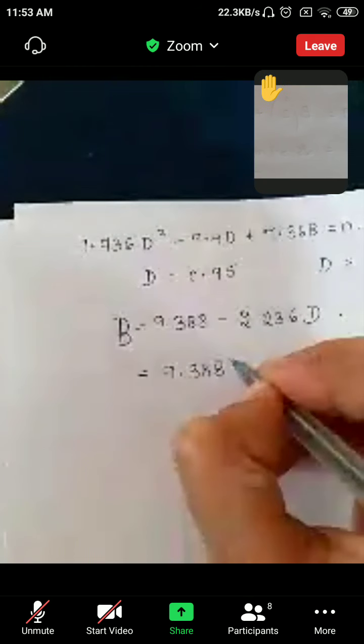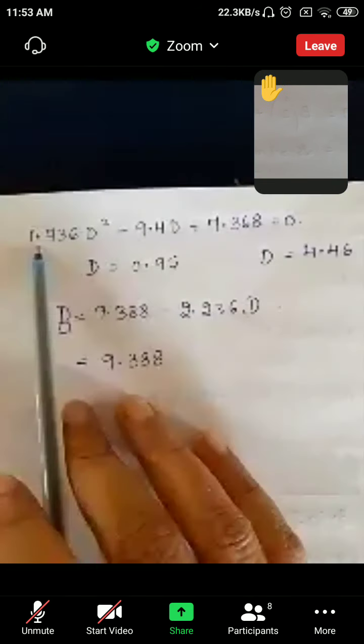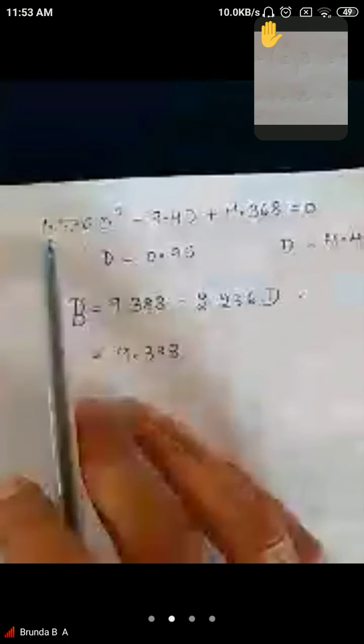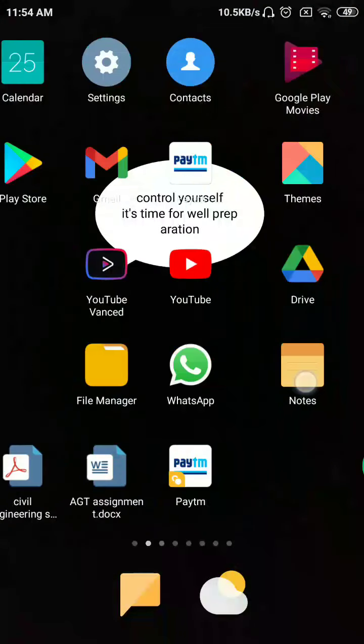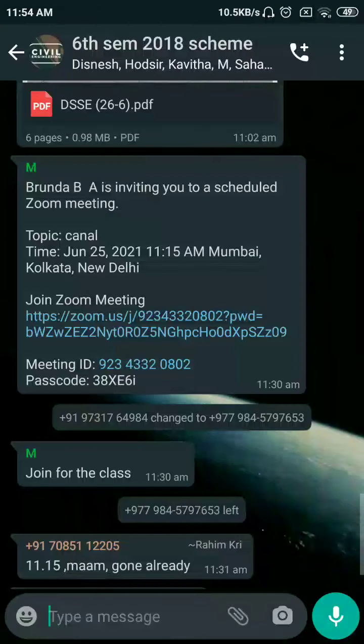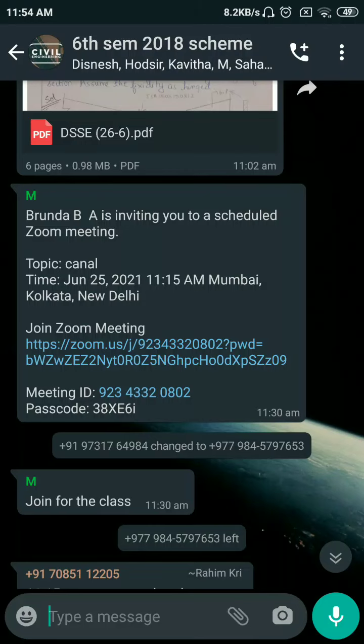So I hope now it is clear. I have simplified this equation and got 1.736 D square minus 9.4D plus 7.368 is equal to 0. Solving this equation, we have got two values of D. The first value is 0.95 and the second value is 4.46.